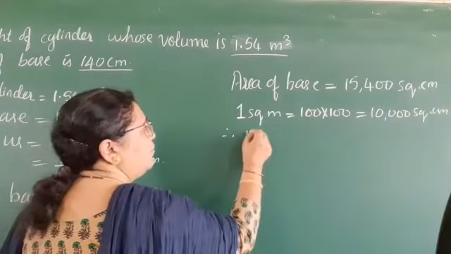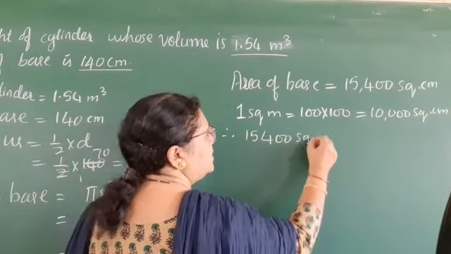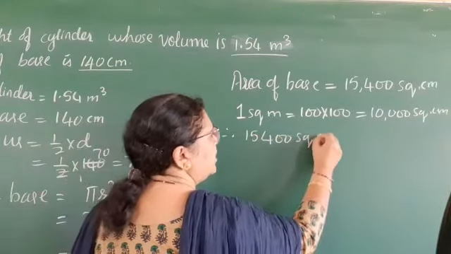Therefore 15,400 square centimeters is equal to 15,400 divided by 10,000. So here 154 divided by 100, which is equal to 1.54 square meters.